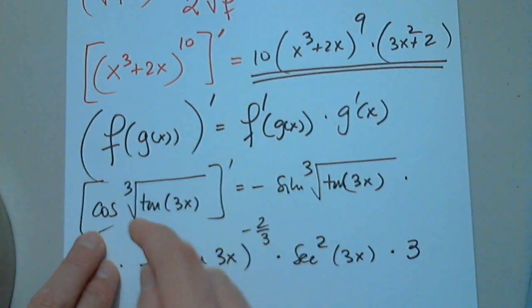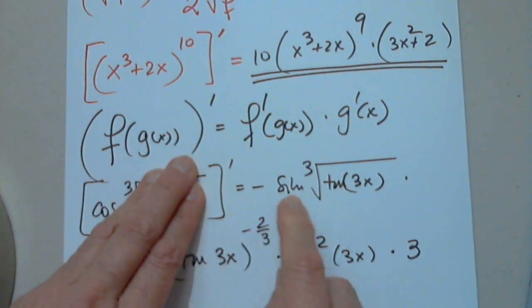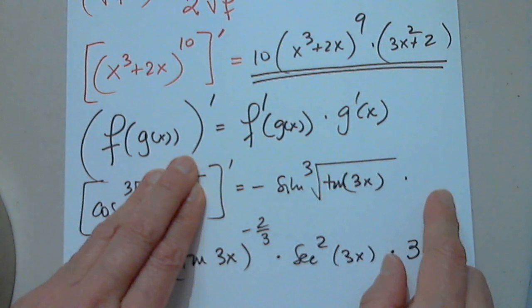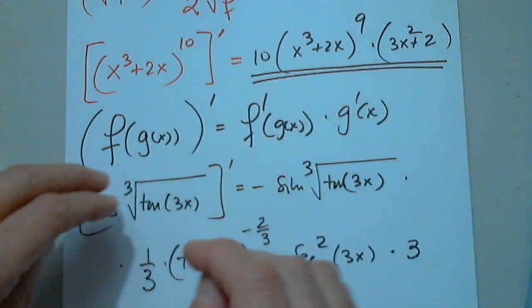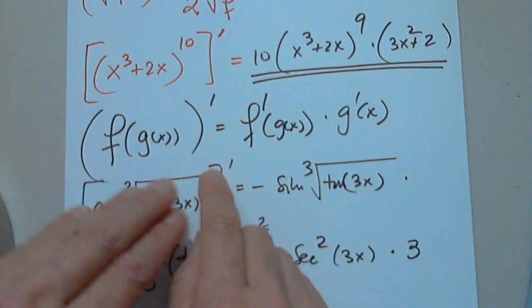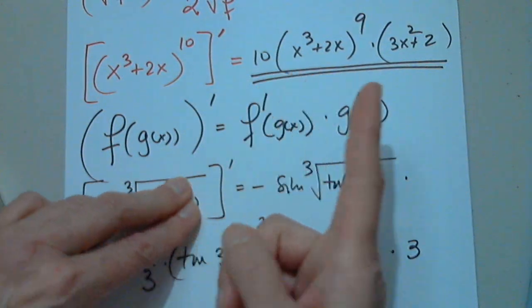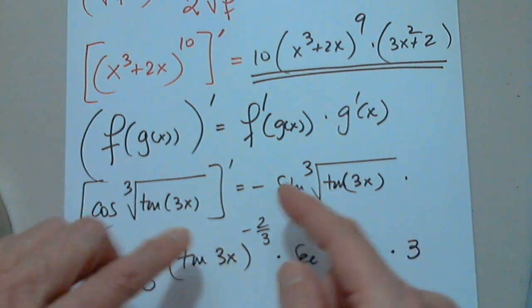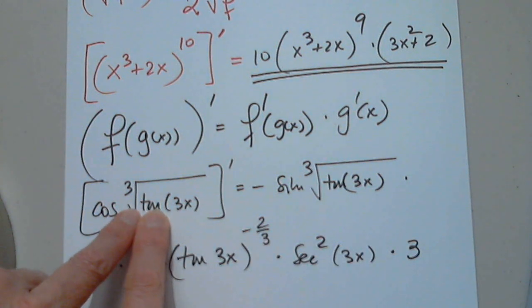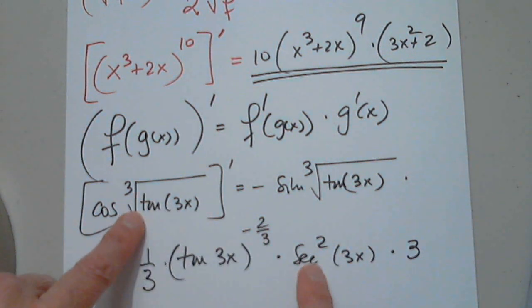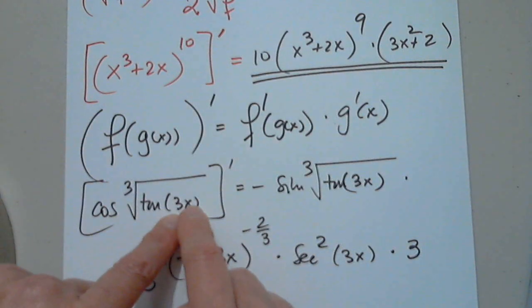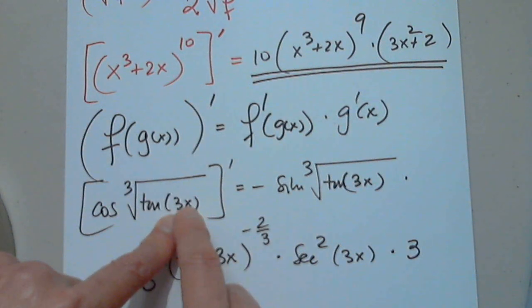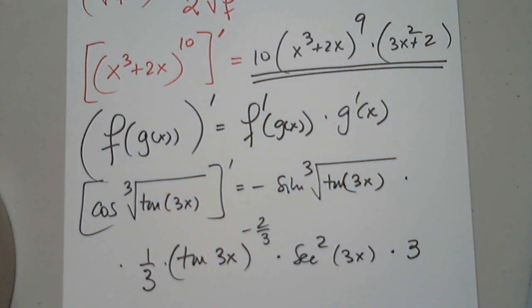I differentiate the cosine of this argument, so it's minus sine of the cube root of it. Then I differentiate the cube root, a function to the 1/3: 1/3 times the function to the negative 2/3, times the inner function prime, which is secant squared of 3x, times the further inner function, the last one, prime, which is 3.